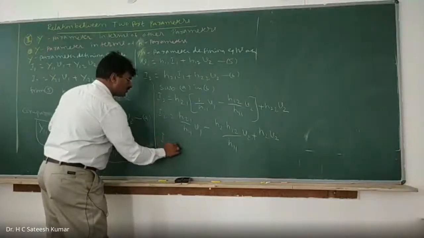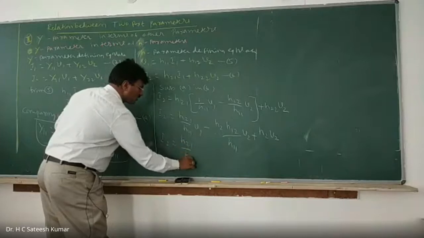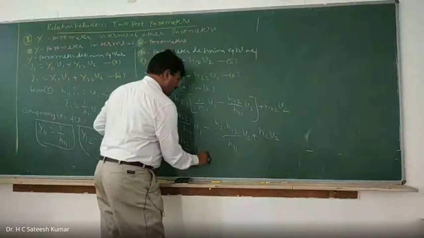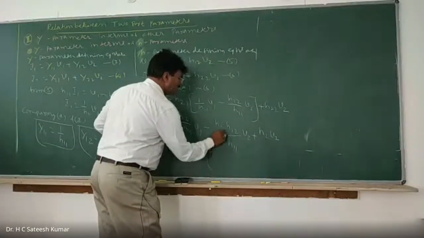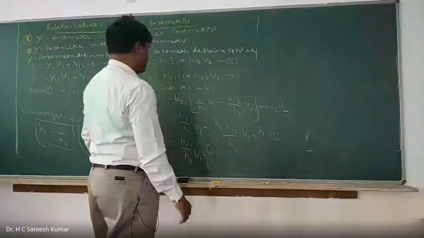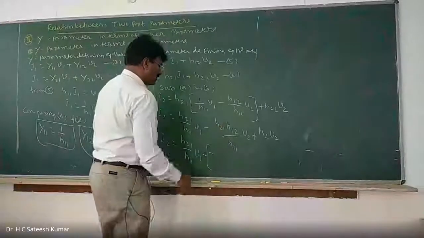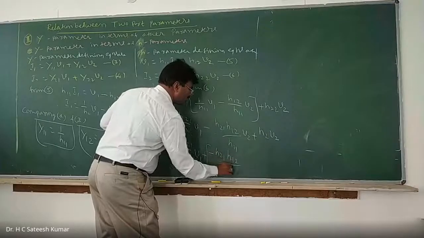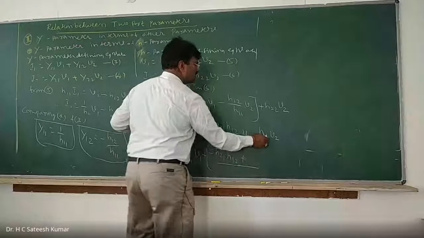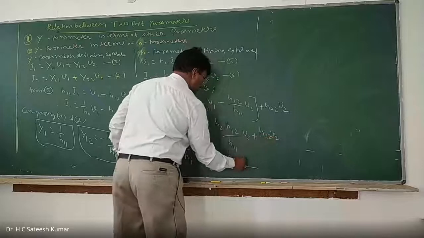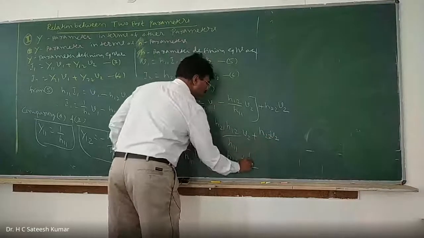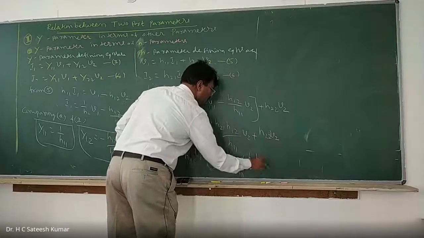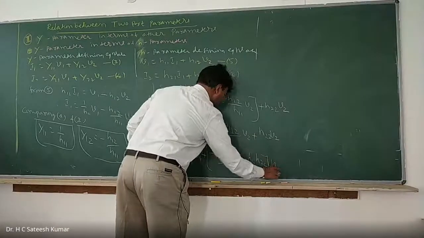I2 is equal to H21 divided by H11 into V1 plus, minus H21 into H12 plus H11 into H22, divided by H11, into V2. V2 I have taken common.